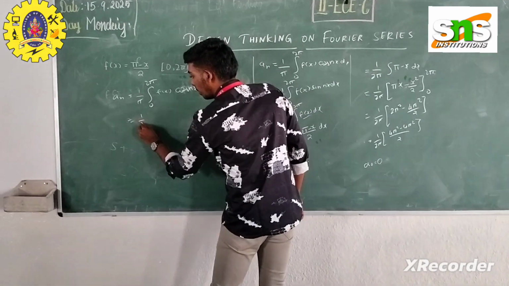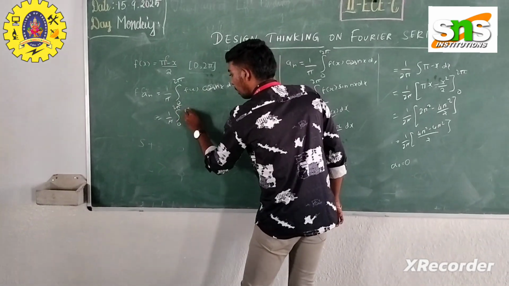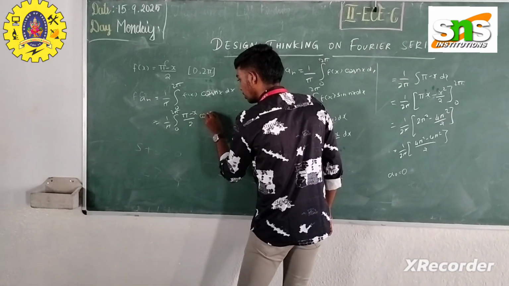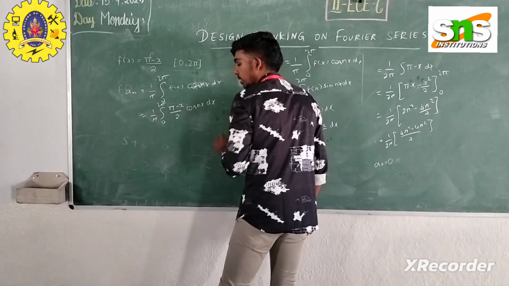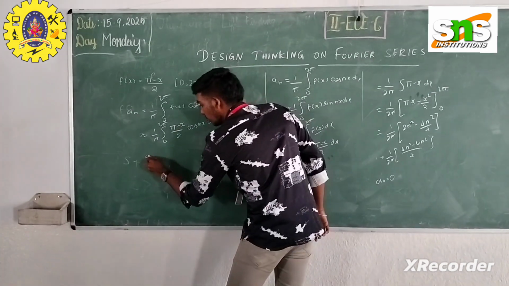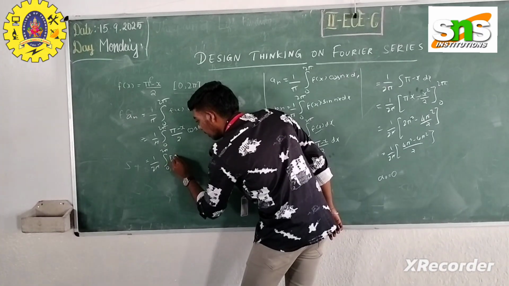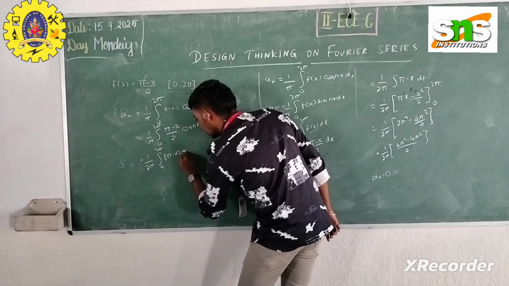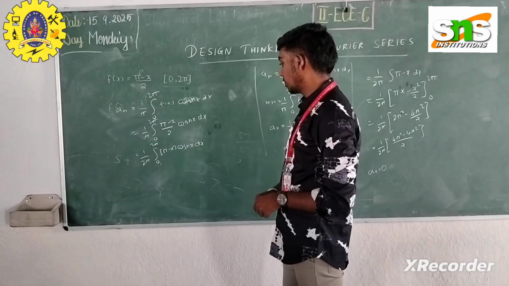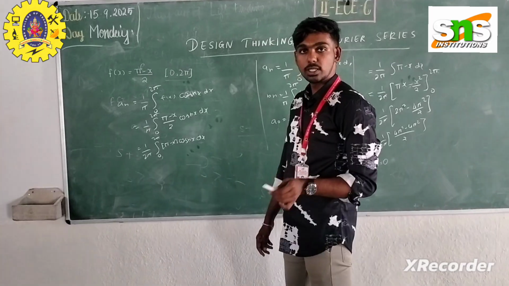The f of x value is pi minus x by 2, and we multiply by cos nx dx. Let me take the 1 by 2 outside, as it is a constant. So 1 by 2 pi integral from 0 to 2 pi of pi minus x times cos nx dx. In this step we need to use the formula known as Bernoulli's formula.